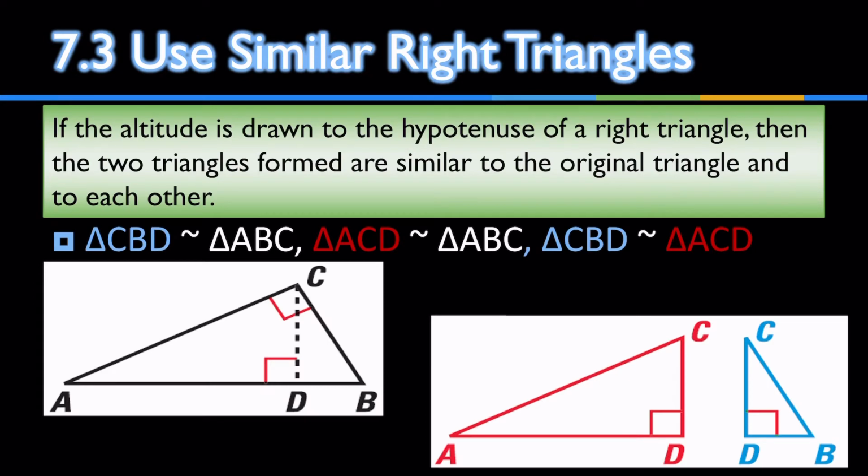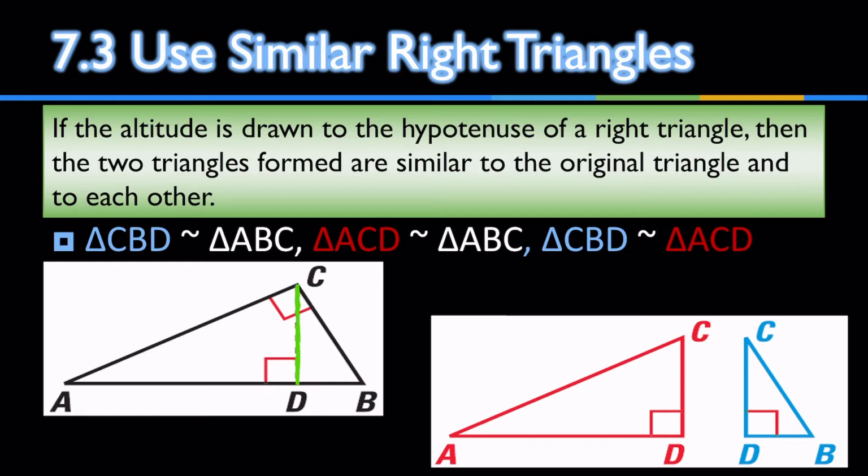So, our altitude to the hypotenuse means it goes from the right angle down to the hypotenuse. So if we draw that altitude, so it makes a right angle with the hypotenuse, the three triangles are all similar. So this little one on the right, which is blue, is similar to the big triangle.